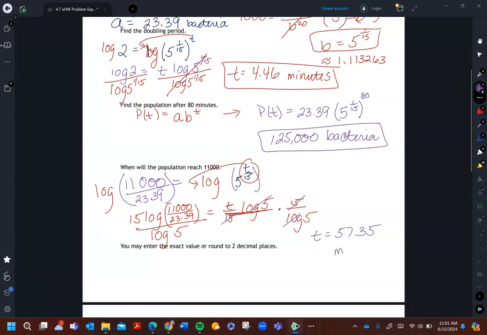And that is in minutes. Now, if this were a written homework, you would write out your sentences and things, but in my open math, it's already set up for you, and you don't enter the units in, but just keep in mind what they are so that you're tracking with that.